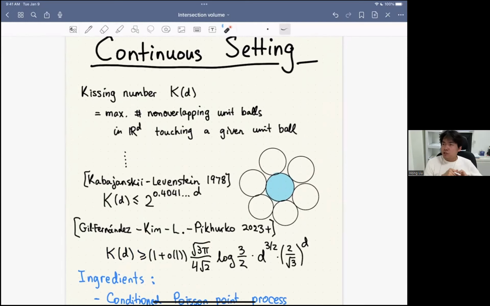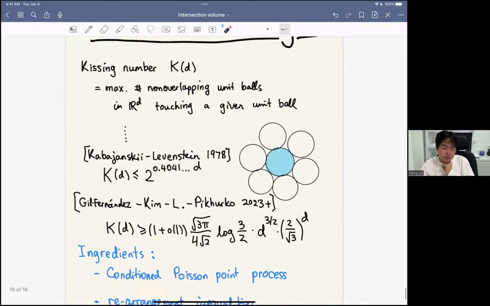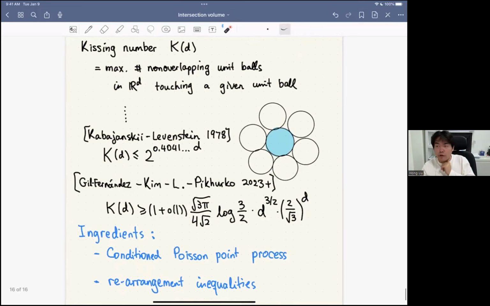So you can discretize the whole thing and just use recently obtained graph theoretical results to obtain the same constant as what they achieved. But that approach will not give you any better constant because the graph theoretical result is optimal there. And here, to improve the constant, we really have to work with the spherical geometry and do some rearrangements to obtain such an improvement.